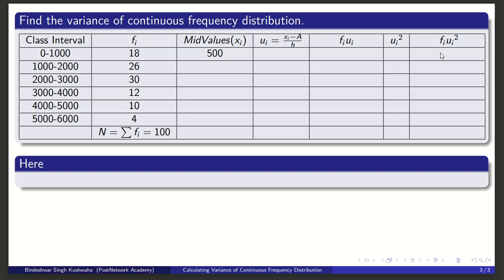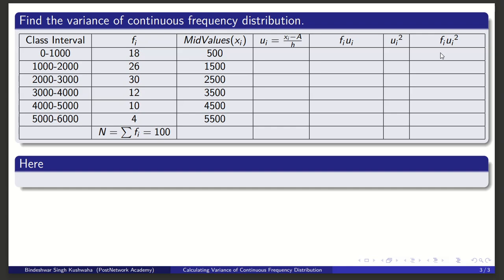Second value, you will add 1000 and 2000 and you will divide it by 2. So it would be 1500. Now third 2500, fourth 3500, again 4500, 5500.